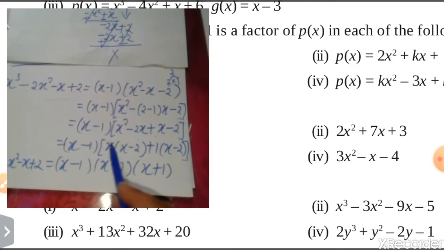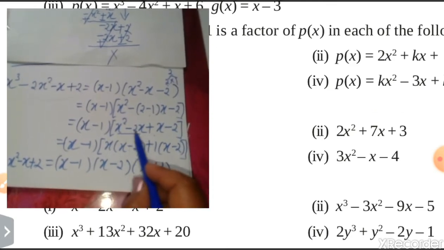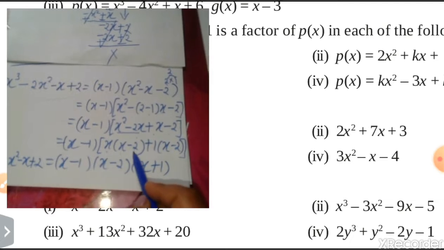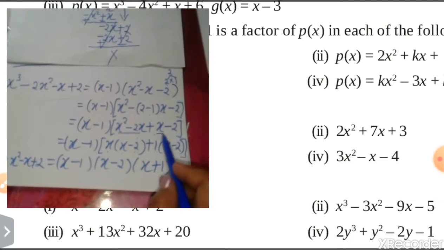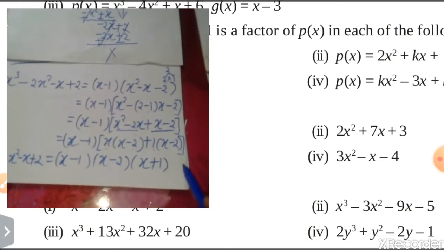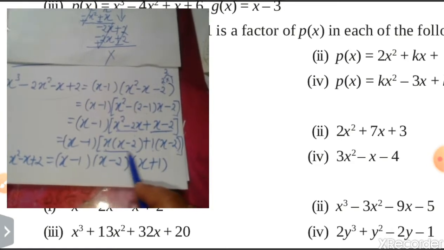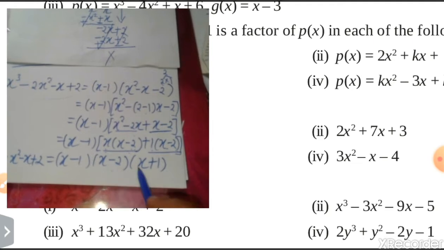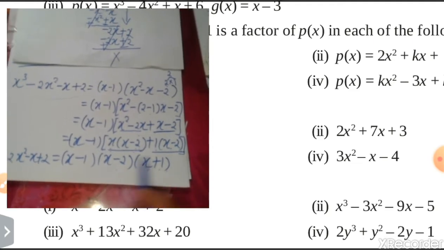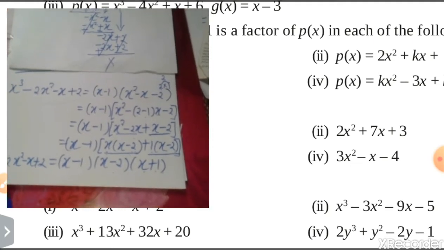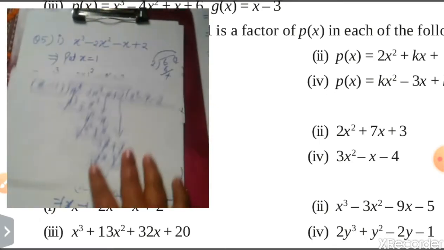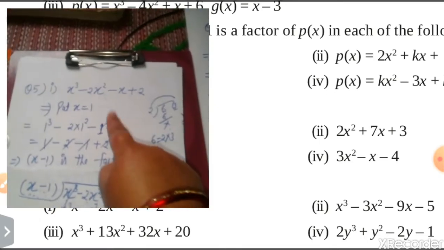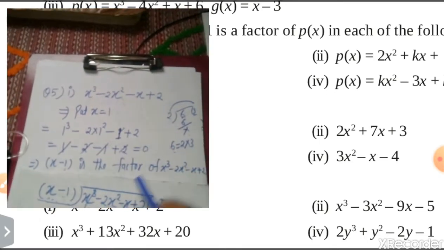And again I will take the pair of these two and take x common here, and it is coming minus x minus 2, and there is no common, so I will write plus 1 times x minus 2 again, and in these two terms x minus 2 is common, then x plus 1 will be remaining. So this is the final part of this question. You can see that there are three parts. In the first part, you substitute some value for which the answer should become 0.